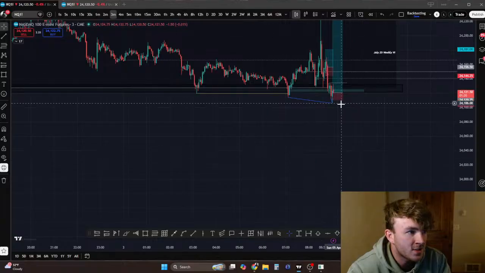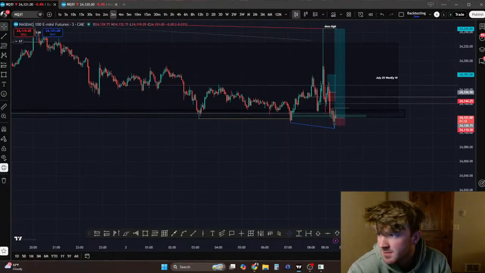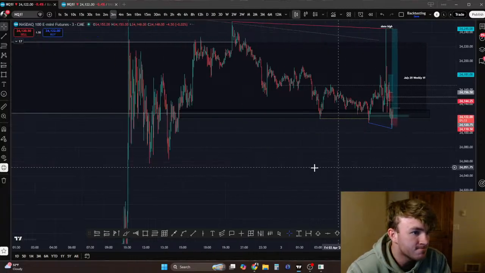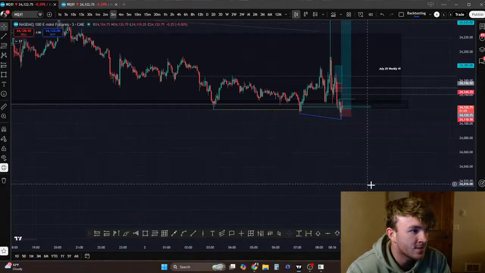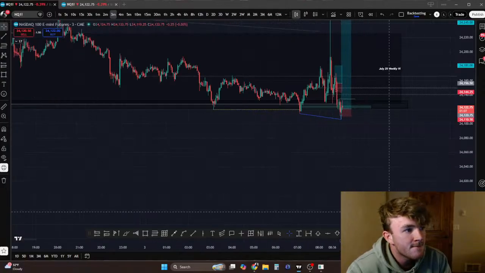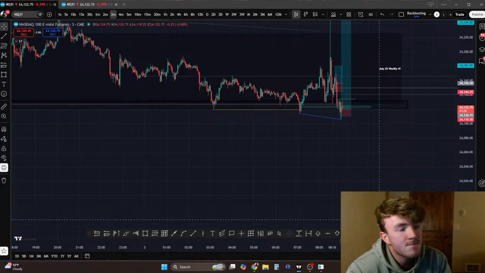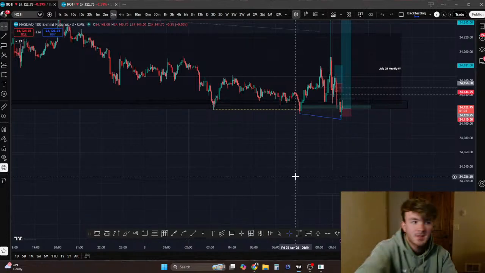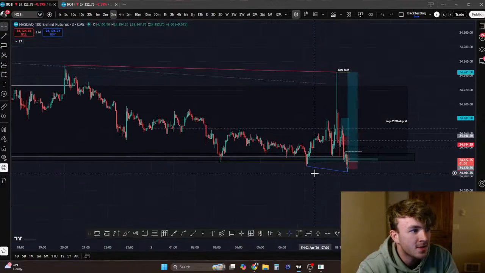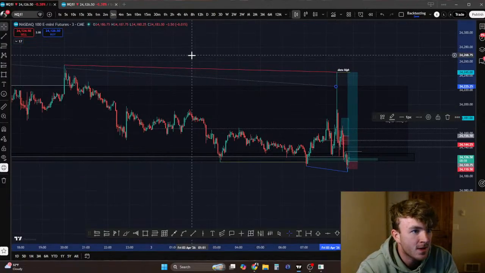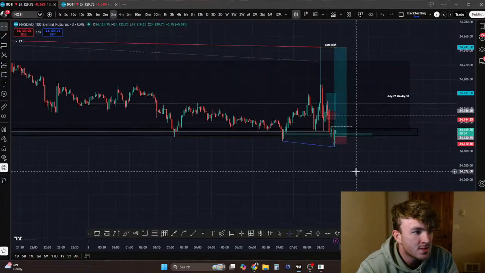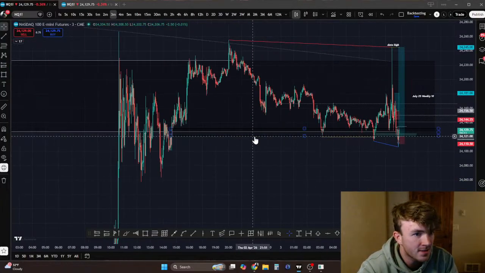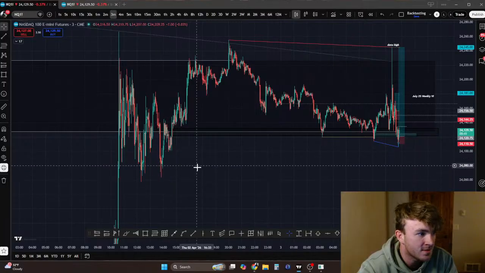But it might just be distribution to the downside, in all honesty, to run these lows. Looks like these are previous day's lows. We'll see, we'll see. I mean, if it is AMD to the downside, which is possible, then we're looking at these lows.